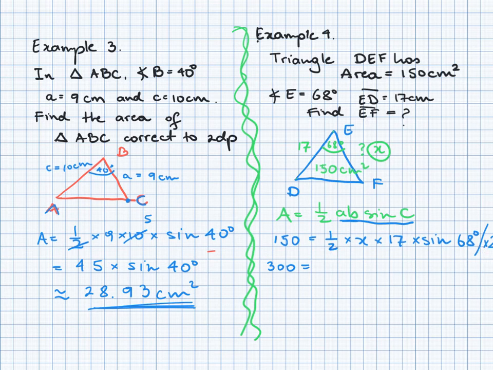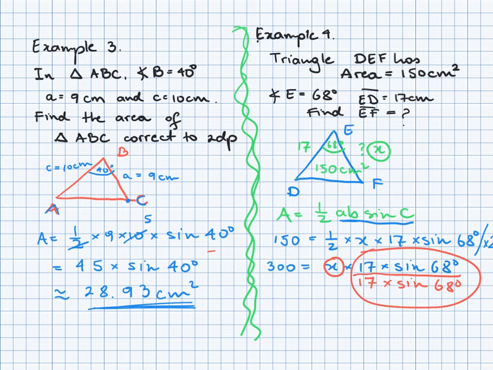So we are left with X times 17 times sin of 68, and we have to find x. X is unknown, and next to x we have 17 and sin 68, and we want to get rid of them, because we want 1x, not 17 times sin 68 x's.